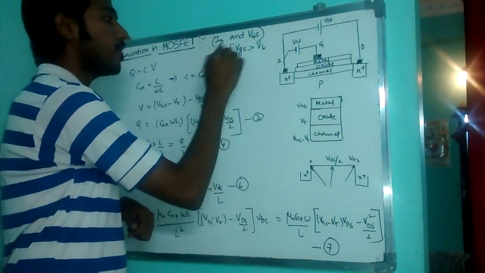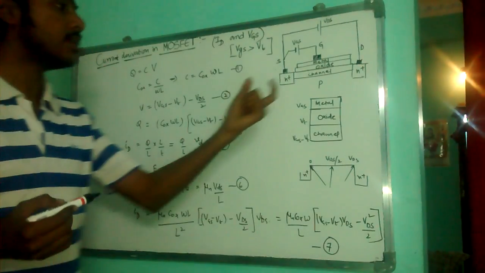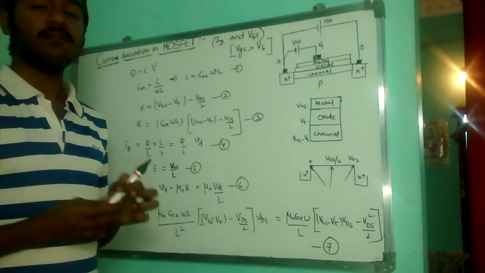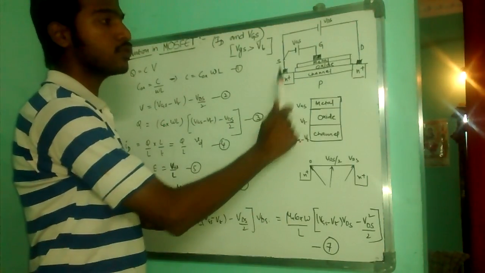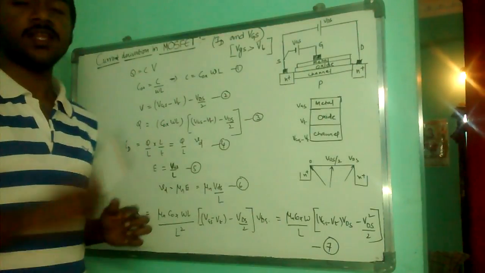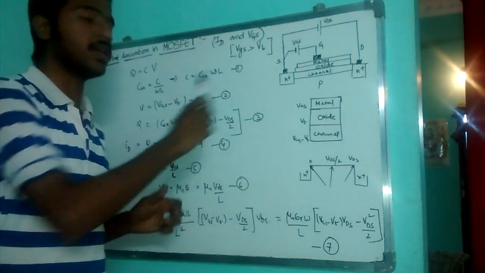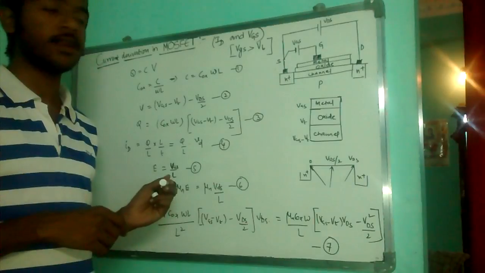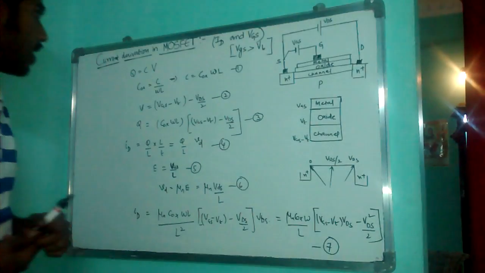Whenever VGS is greater than VT, a channel is formed. Whenever the channel is formed, there will be a flow of electrons from source to drain, and that gives some current in the channel. We are going to find that current from source to drain.